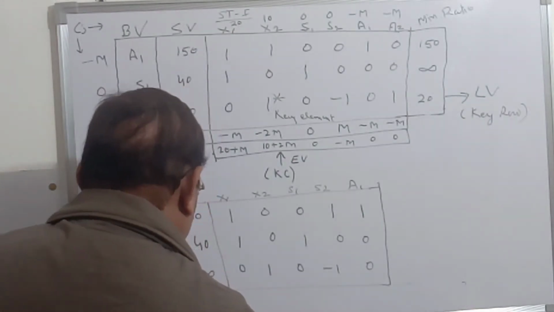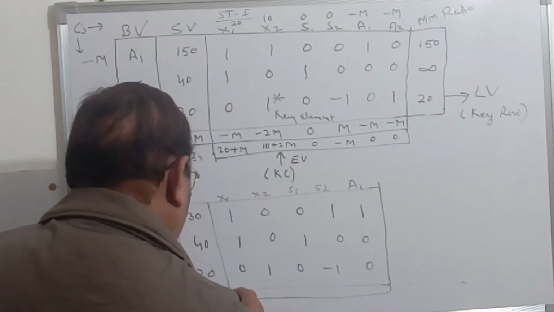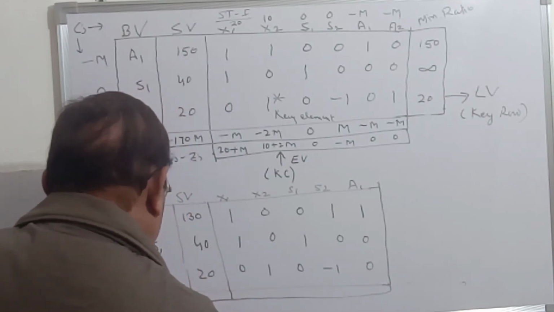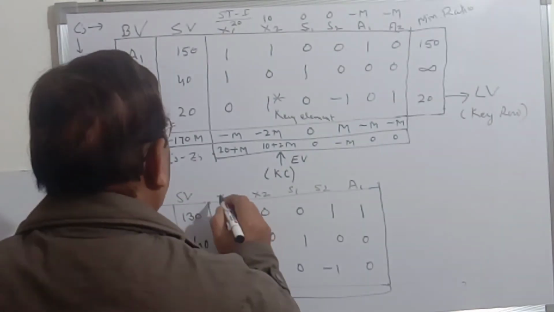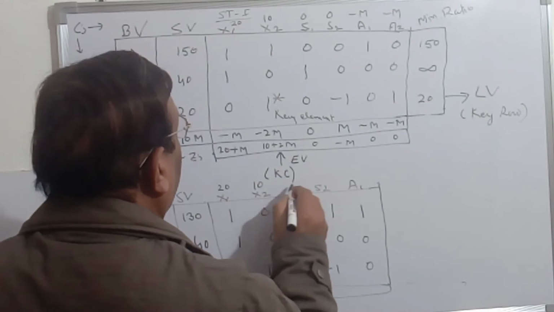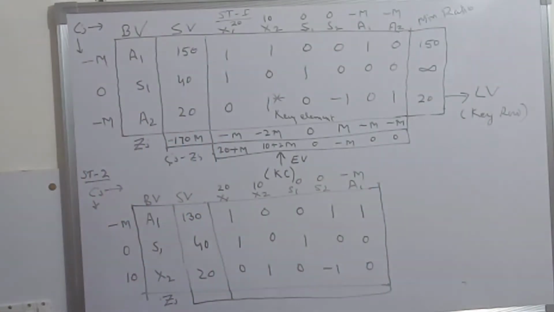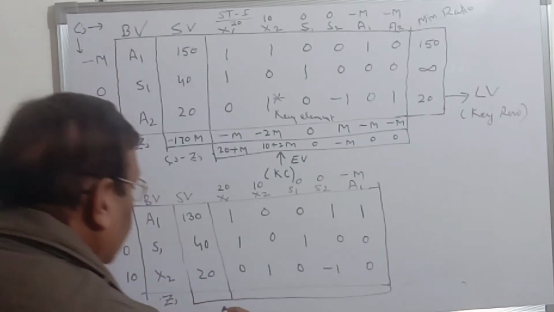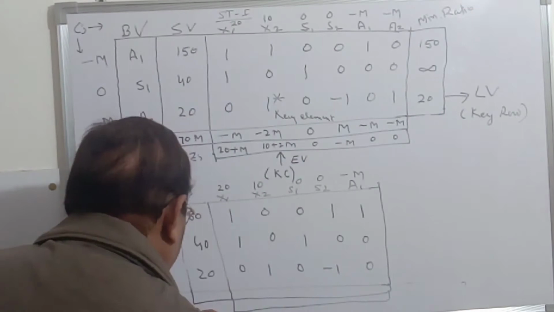Now the next calculation. This is CJ, this is ZJ. This is 20, 10, 0, 0, minus M. Then we will calculate CJ minus ZJ.